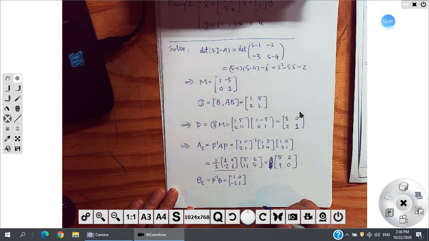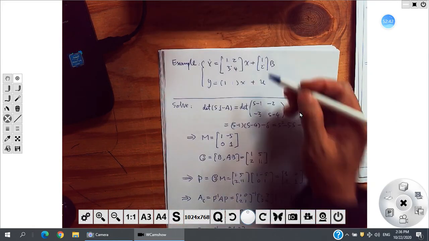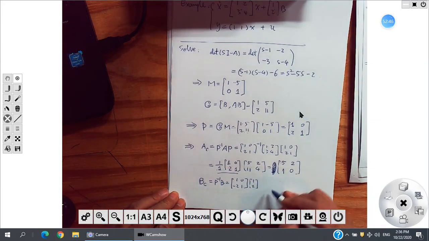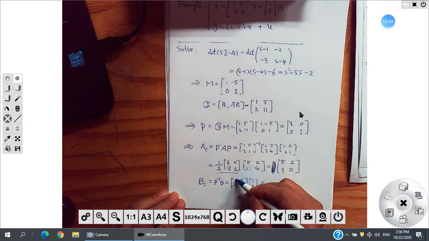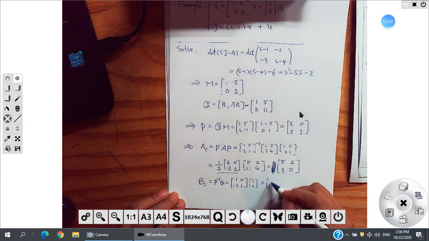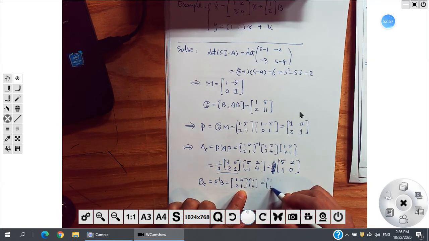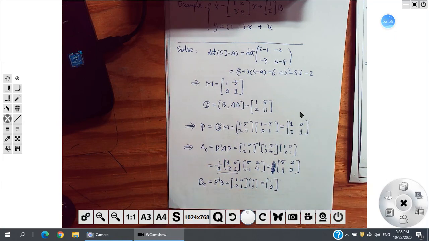And B is here, 1 and 2. Okay, I multiply together. So 1, 0 times 1, 2, I get 1. And the -2, 1 times 1, 2, I have -2 plus 2. That's 0. Okay, BC is also good, right? BC is also in a good form in the CCF form.